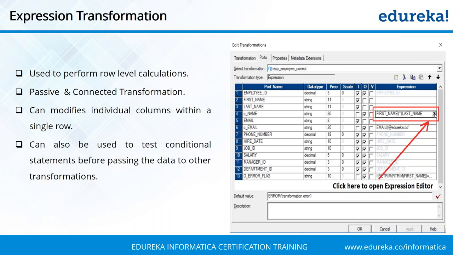Now as I've said, you use expression to perform row-wise calculation and compute certain expressional formulas. So one thing to be kept in mind is that the overall number of rows that pass through the expression transformation is the same, but the number of columns may vary. So here if you look at the image to your right, what we are trying to do is concatenate the first name and the last name, and then create a new column in which these two have been concatenated, and we have a single field for the employee name.